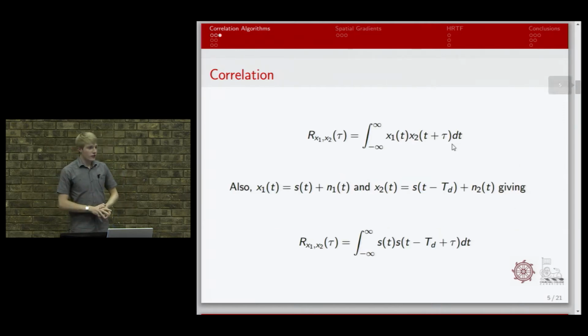So correlation is just a simple property of two continuous functions. Here we'll instantiate it for x1 and x2, which are signals from the two microphones respectively, using some offset parameter tau, which will be our estimate of the time difference.